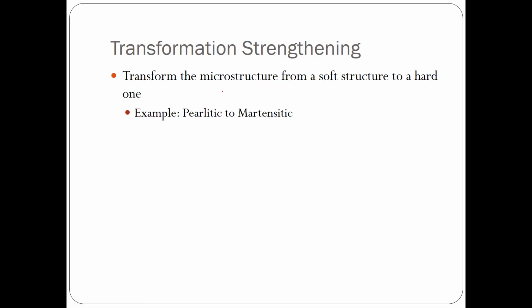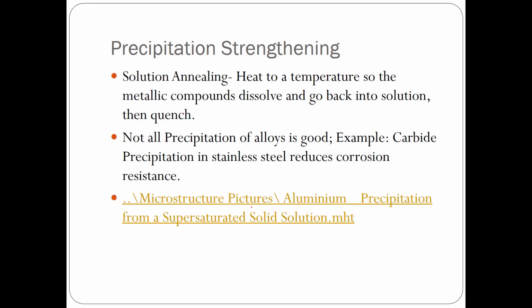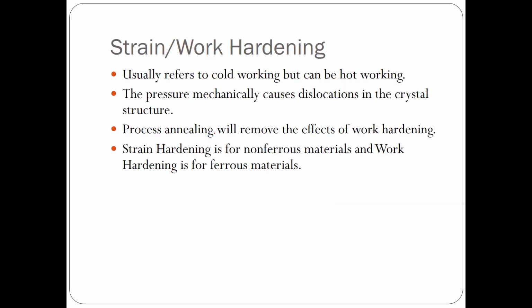Transformation strengthening, transforming from a soft structure to a hard structure. Precipitation strengthening, precipitating alloys out of solution to form intermetallic compounds. Strain or work hardening, mechanically causing dislocations in the crystal structure.